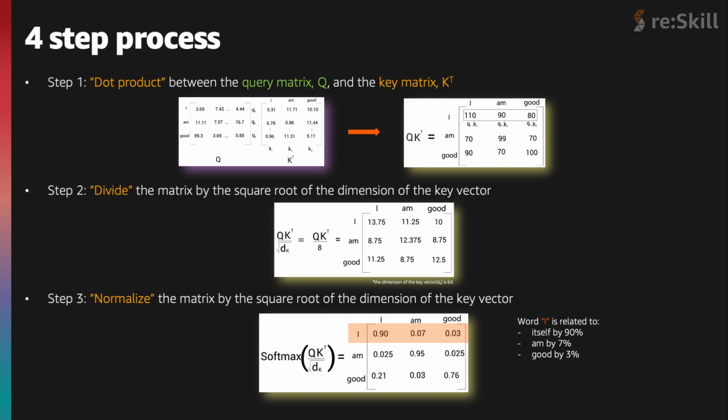Now, if we look at the similarity score, we can understand that they are not at all normalized. So in step 3, we normalize them using a softmax function. So if you look at the first row of the score matrix now, it tells us that the word I is related to itself by 90%, to the word am by 7%, and to the word good by 3%.